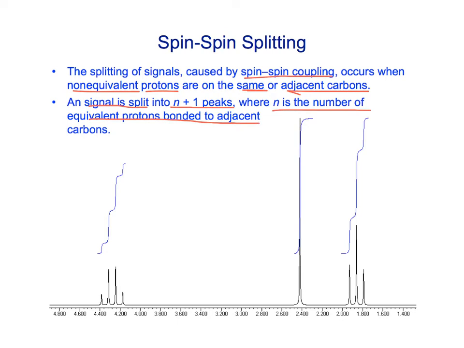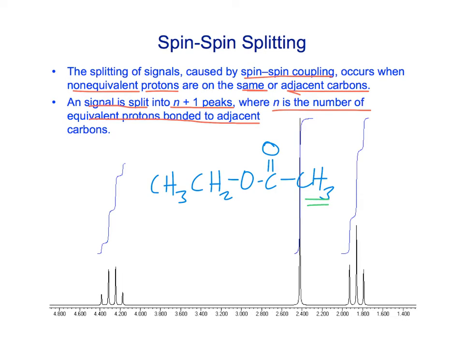Okay, so for example, let's draw out our molecule here again. CH3, CH2, here's the oxygen, carbonyl, CH3. First off, let's look at this methyl group over here.